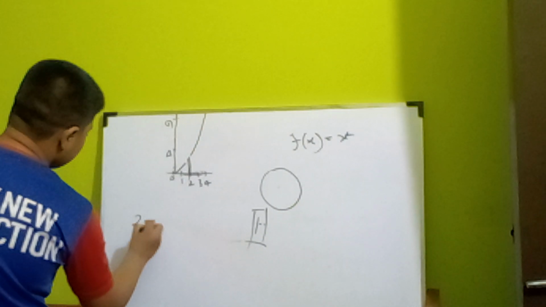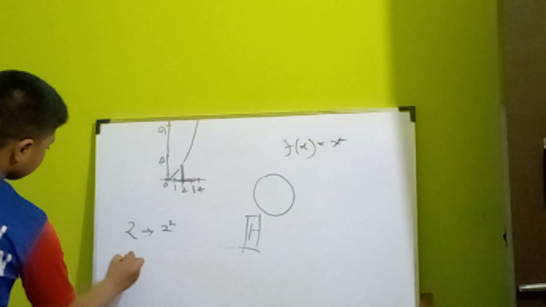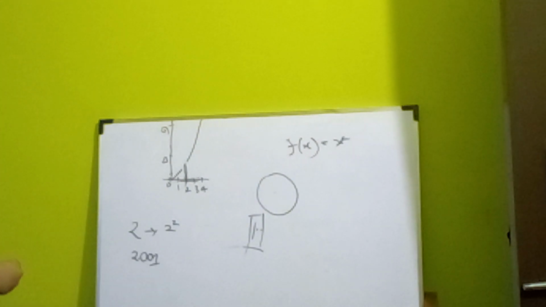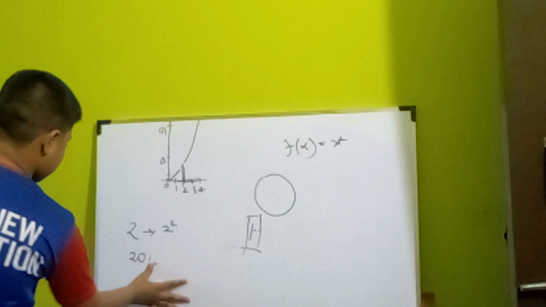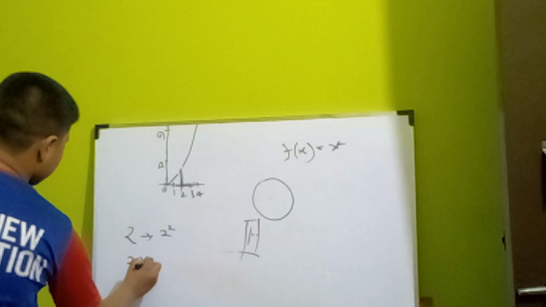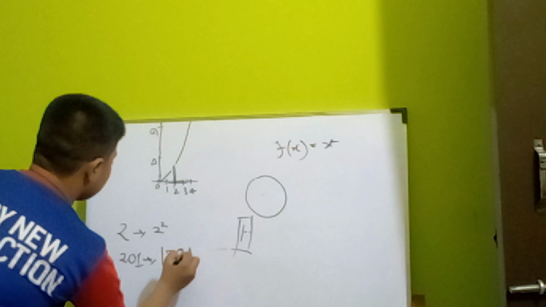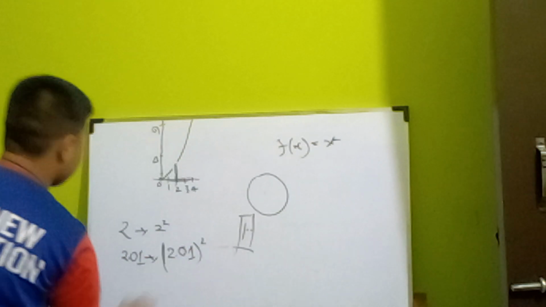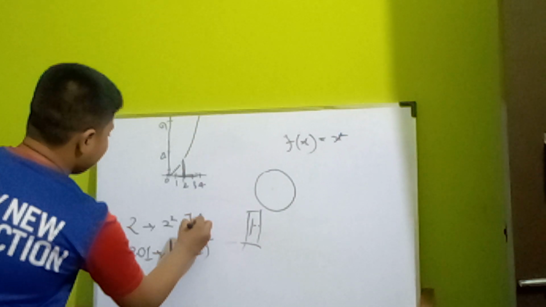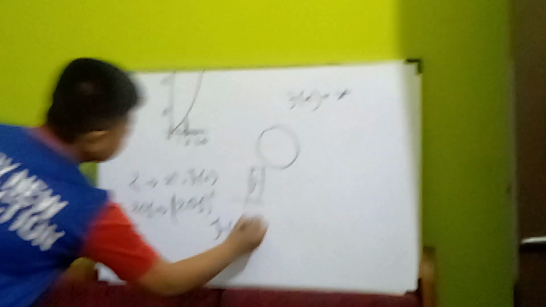If you say 2, it's just 2 squared. And if we take 2.01, this would give us 2.01 squared. Or, in a more fancy way, we can write this as f of 2 and f of 2.01.